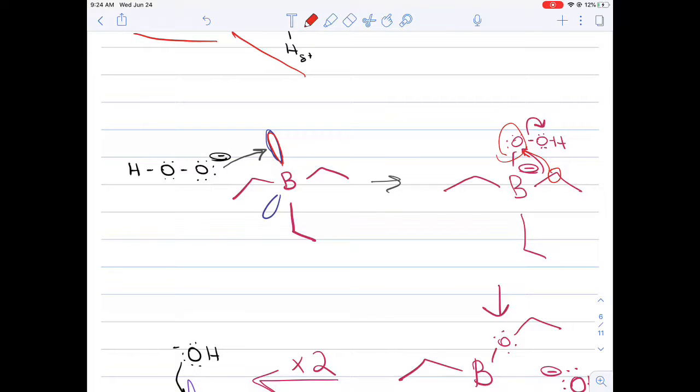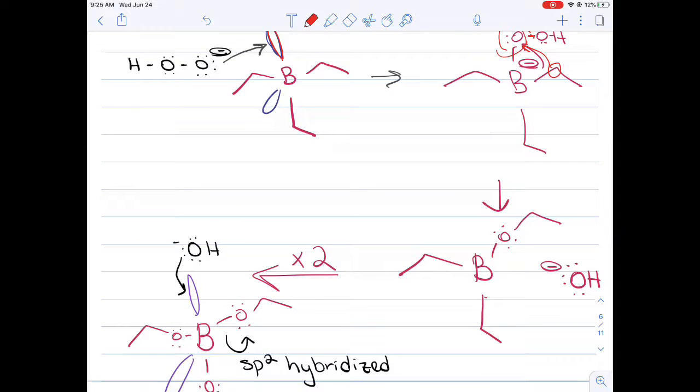This oxygen atom is going to expel the electrons from this bond back to the OH ion, in result giving you this kind of bond. So now, instead of having carbon in this alkene bonded directly to boron, now it's bonded through oxygen. But now boron is happy because it only has 3 bonds. So this is the reason why this occurs. And in result, just notice that you have an OH ion as a byproduct.